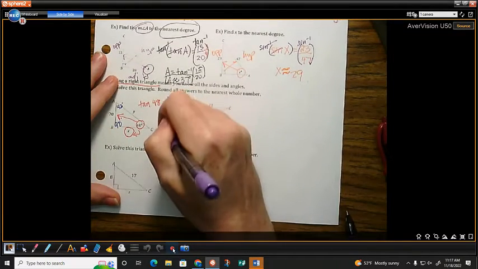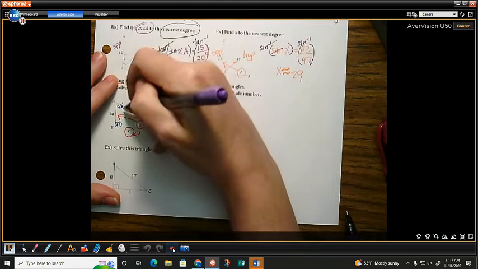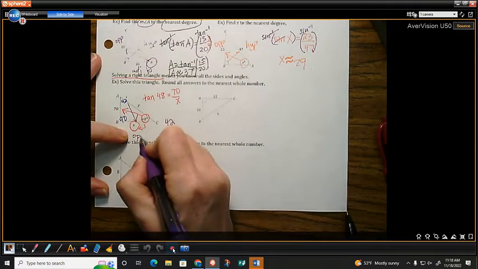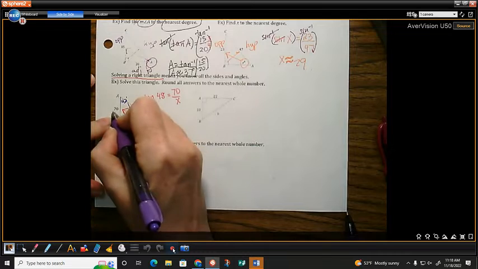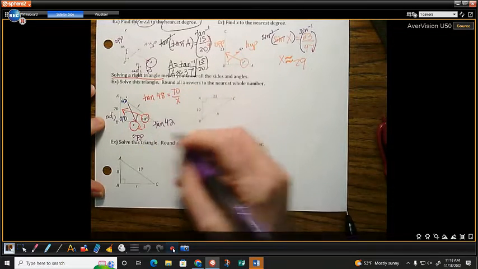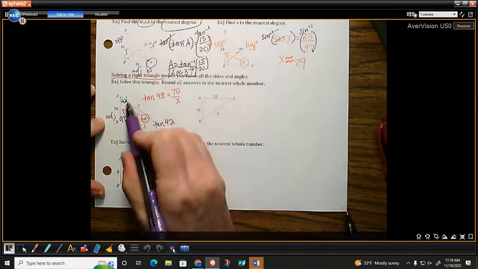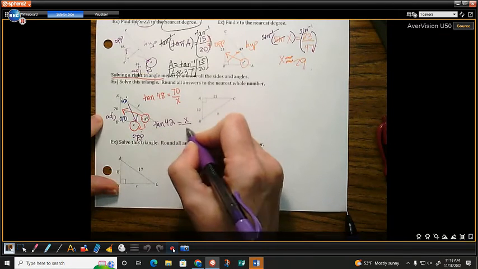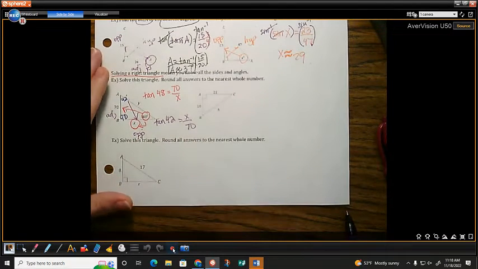Well, if I did that, this would be opposite over adjacent, so it would still be the tangent, but guess which one's on top now? The X would be on top, and the 70 would be on bottom. It depends on which angle you're referencing.